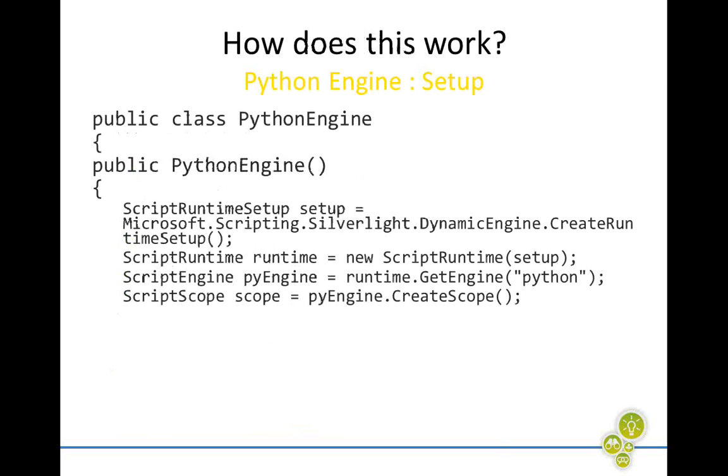So I want you to remember the 3-4 things that we looked at, where we created an engine, we created a scope, we used a string variable to create code. Then we compiled that string into executable code, and finally executed it. Those are the steps that we will look at here, how we have used those same steps to provide the features that we just saw in the application.